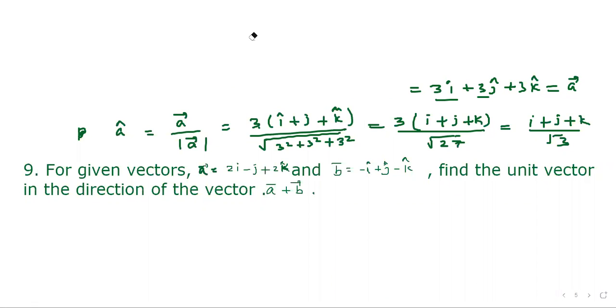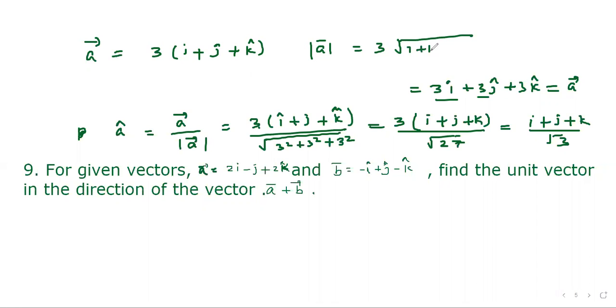Suppose we take vector A equal to 3 times i cap plus j cap plus k cap. To find its modulus, we keep 3 outside and then write a square root of the coefficients, 1 plus 1 plus 1, so that will be 3 root 3.